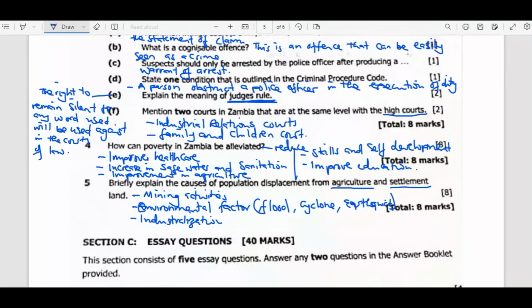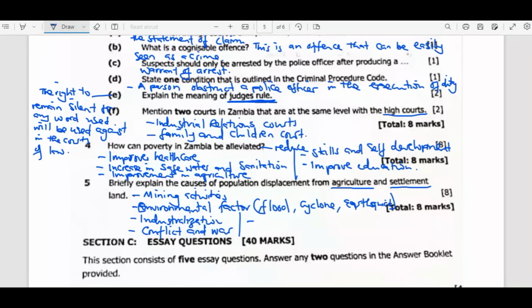An area can be bought where they would want to put a factory or an industry, which will make people move and settle somewhere else. The other one is conflict and war. Conflict and war would make people move from their places and find other places where they can live.